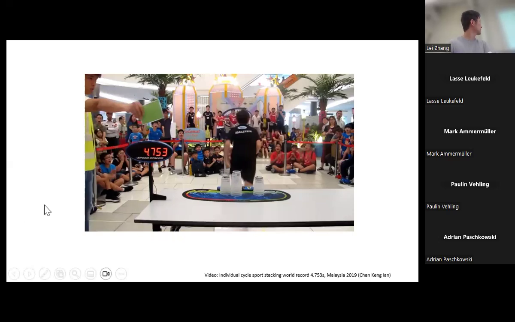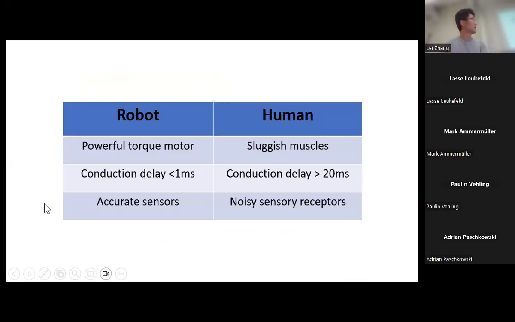Then we can have a look at a comparison between the robot we saw and the human. You see a lot of difference actually. Start from force execution. In the robot, force is produced by a torque motor. You know this if you're from an engineering background. This kind of torque motor is very powerful and usually linear.